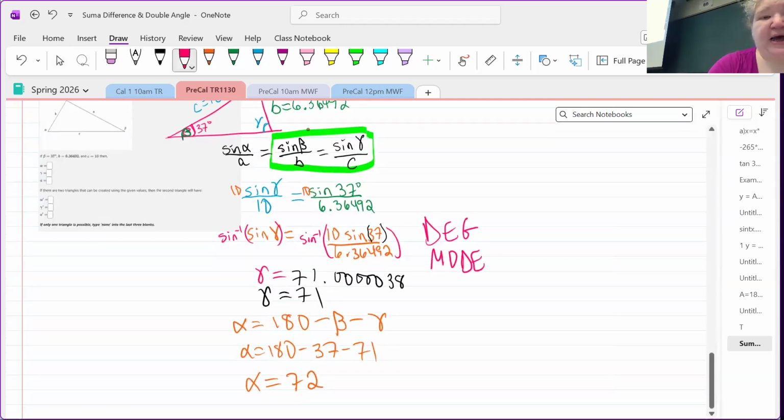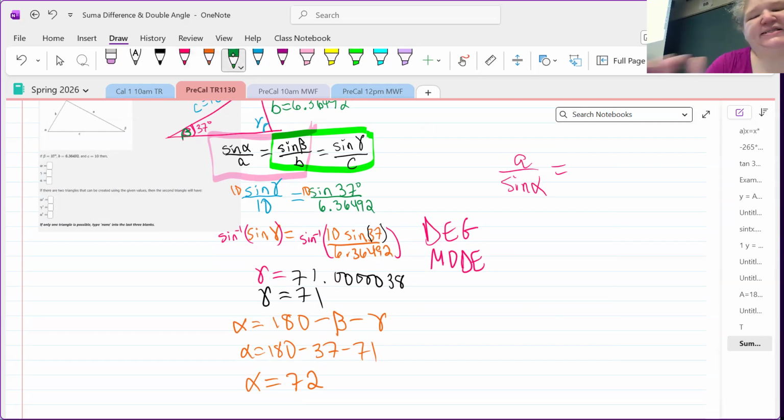So I'm going to come back up to my law of sines formula. I'm going to start it out with A over sine of alpha. And this is going to equal, and it doesn't matter which pair of sides and angles you pick here, so you can go with the B's or the C's. I just habitually go back to the pair they gave me.